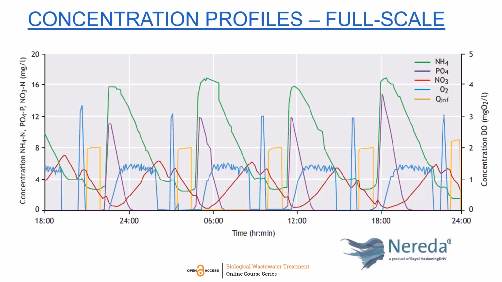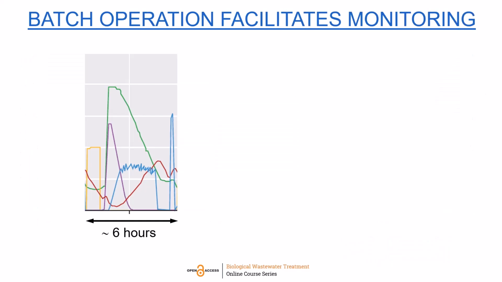And here you have the concentration profiles during a typical day of operation in a full-scale granular sludge installation. Let's isolate one cycle, which takes about 6 hours. And now stretch the profile a bit so we can see it better. The orange line indicates when influent is fed.